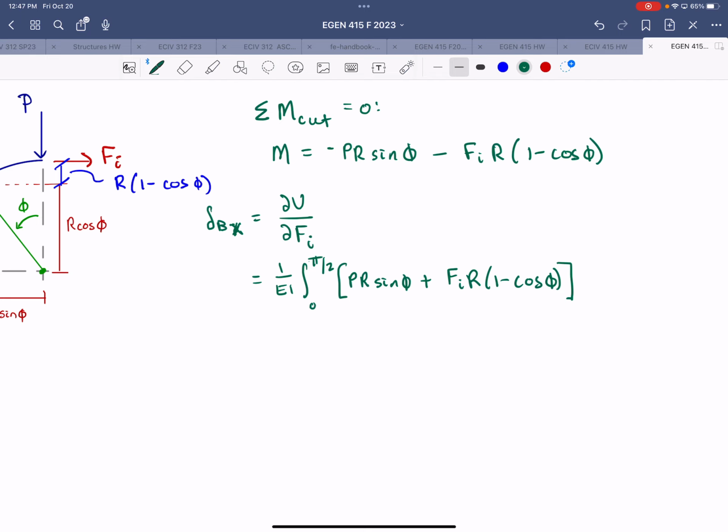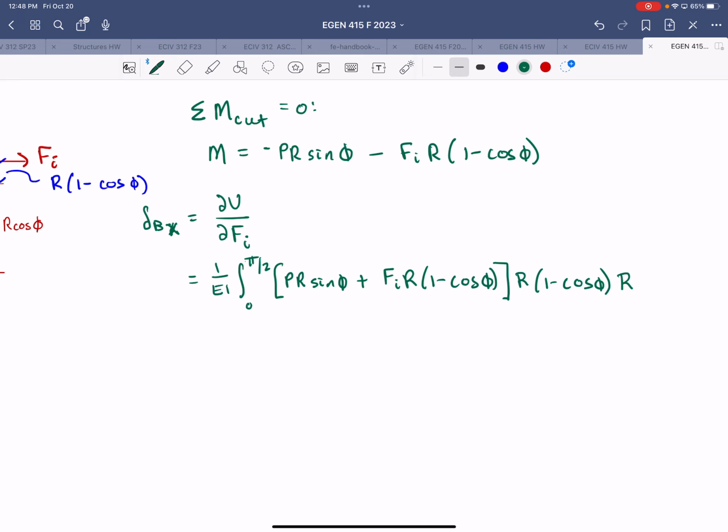And then the partial derivative, r times 1 minus cosine phi. And then we have r d phi after that. So this part is our moment. This part is the partial derivative with respect to Fi.